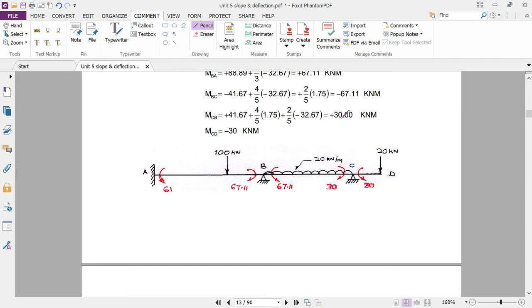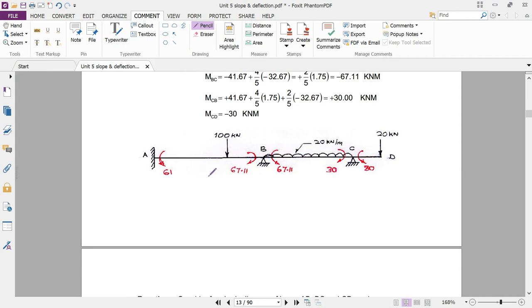If this value is not obtained as 30, then it means your numerical is going to be wrong, because here the anti-clockwise moment of 30 is already obtained as an external moment. So ultimately the clockwise moment must be equal to 30. Therefore this 30 plus and this 30 minus form the 0. It nullifies the effect at the joint. So this is a cross check.